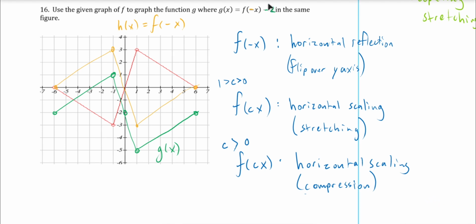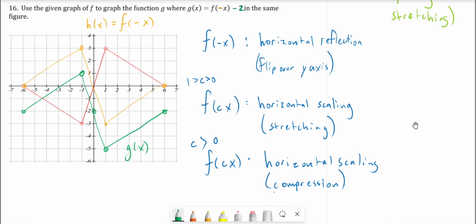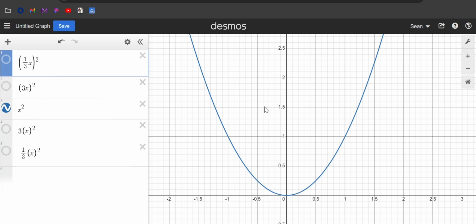Why did we flip the terminology from what it was for vertical? This kind of vertical scaling was called compression. And this kind of vertical scaling is called stretching. Why the reversal? To see that, let's look at a graph. Let's examine the graph of x squared. And consider what happens if we compose by multiplication with 3 versus just by multiplying with 3 afterwards.